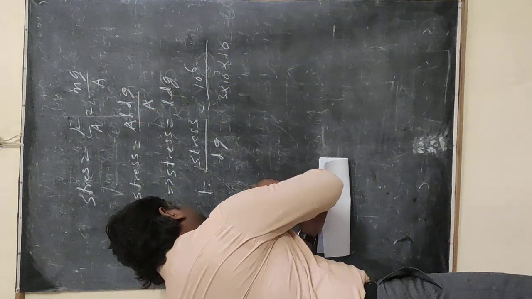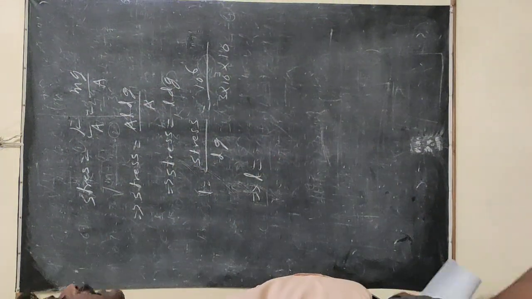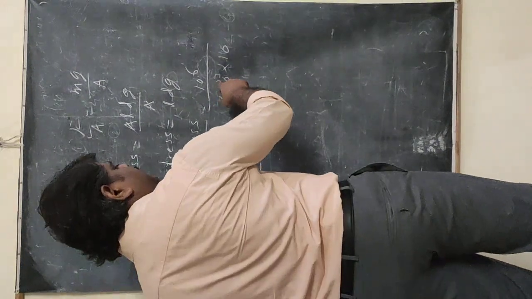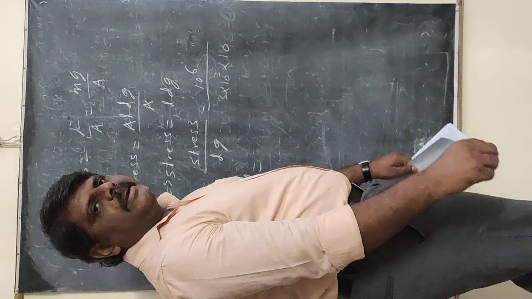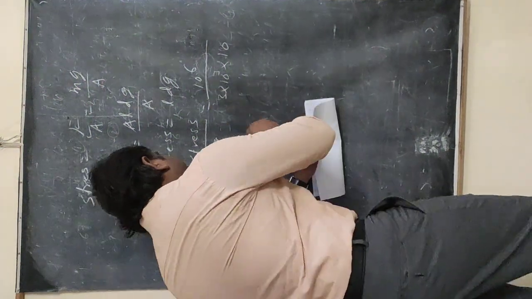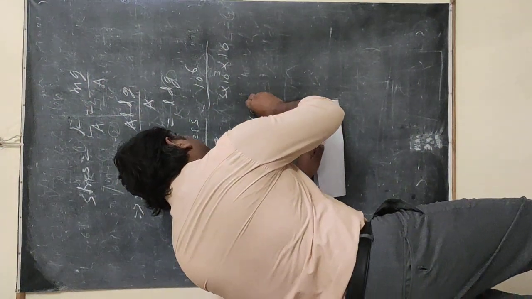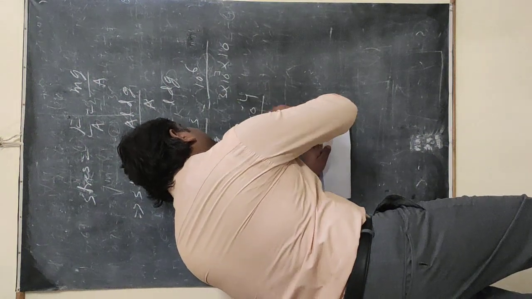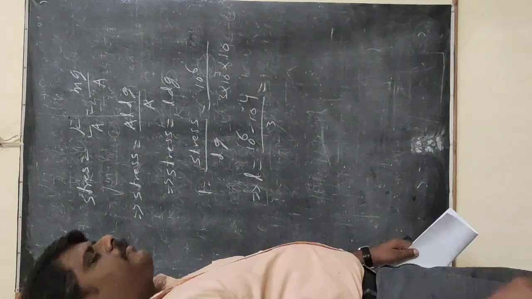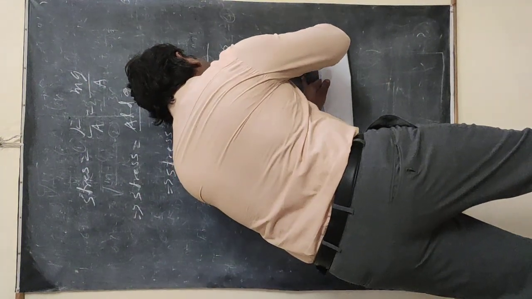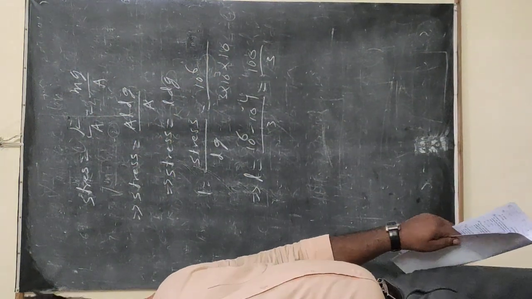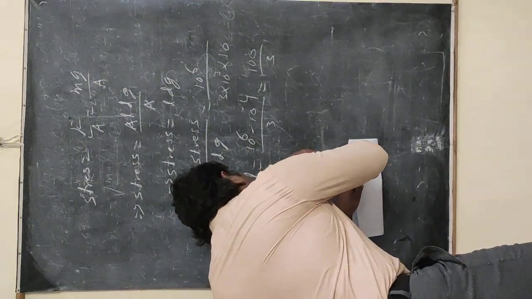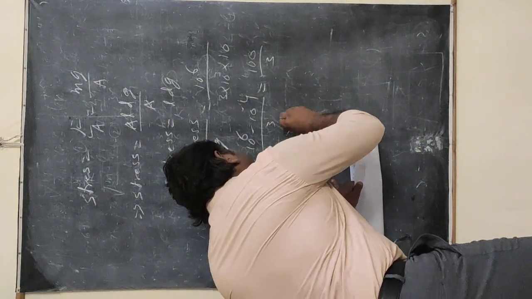That implies the length L equals 10 power 6 by 3 into 10 power 3 into 10, which is 10 power 4 in the denominator. So 10 power 6 minus 10 power 4 is nothing but 100 by 3. What is 100 by 3? It is 33.3. So L is equal to 33.3 meters.